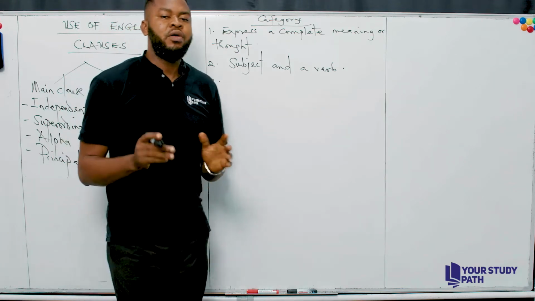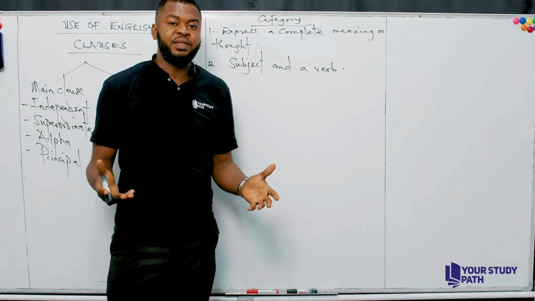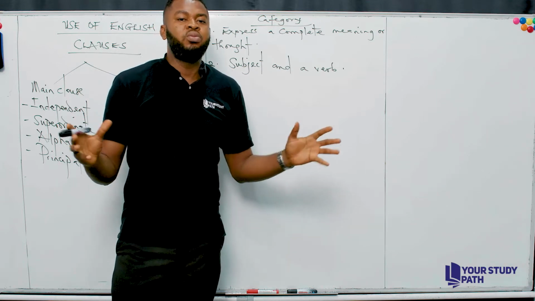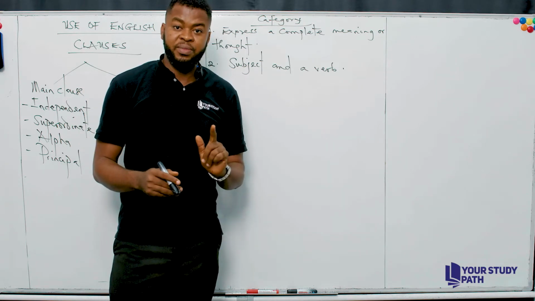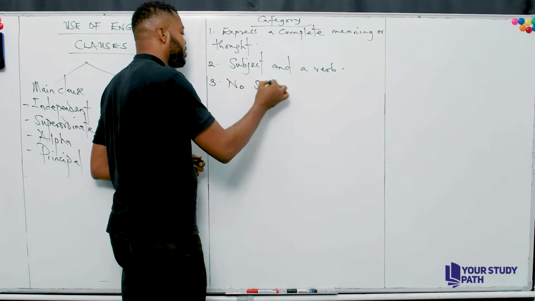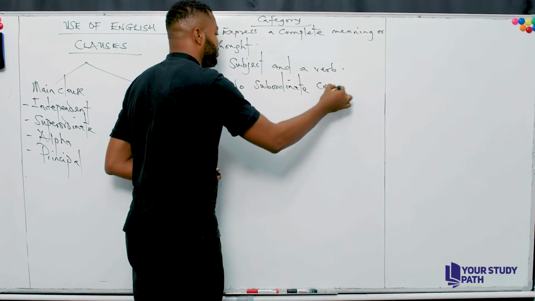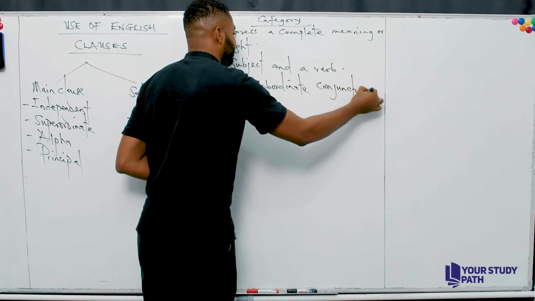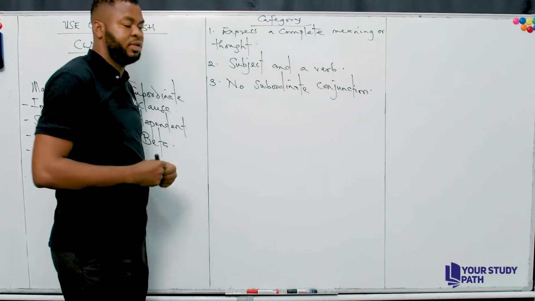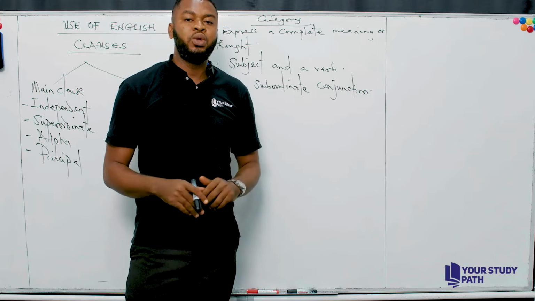Now, how else would you identify a main clause when you see such in a sentence? A main clause will never accommodate a subordinate conjunction, remember. So in this case, you have no subordinate conjunction.